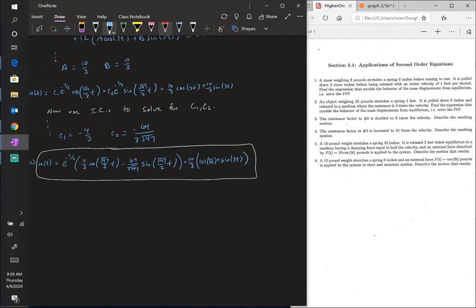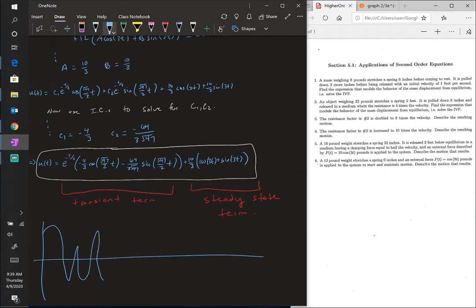And notice we have a transient term. So this first half is a transient term. And this is what we call our steady state term. This is transient because the exponential goes to 0. So eventually, even though it starts out oscillating and does whatever, it'll just eventually turn into this shifted sine wave right here.